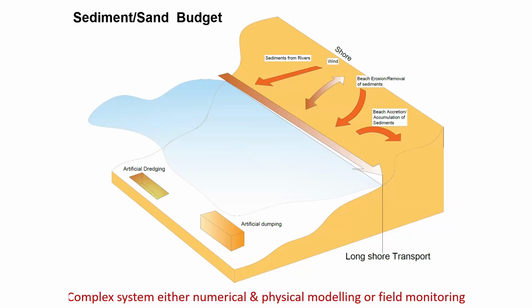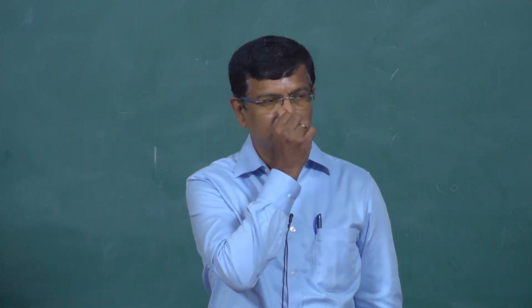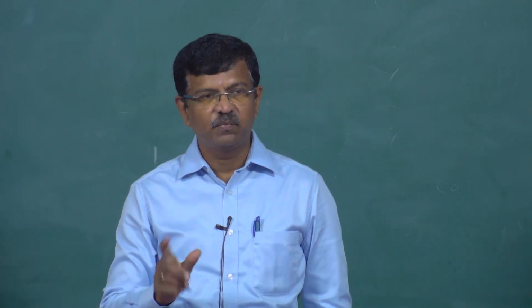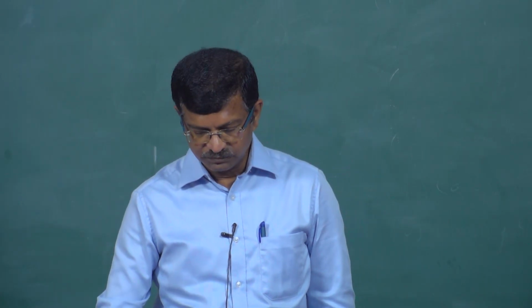That means we are making an imbalance there itself. Then wind is also playing a major role most of the time. I have not talked about wind-induced sediment movement along the coastline, which is a very influencing factor for sediment erosion or deposition.